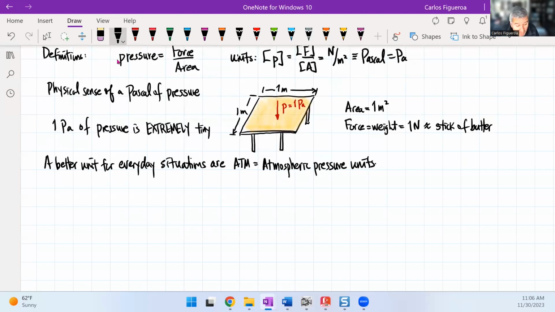So for example, your car tire has about 2 atmospheres, a little more than 2 atmospheres inside your tires. So how do you get atmospheric pressure?